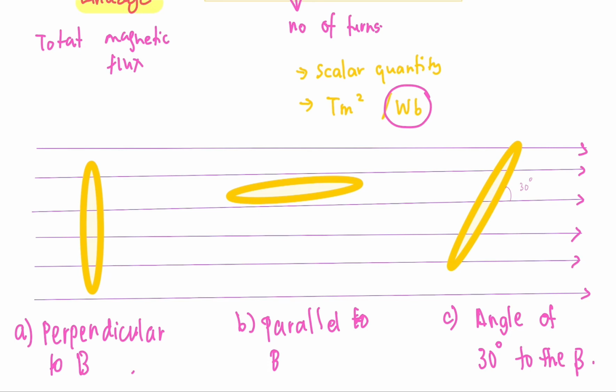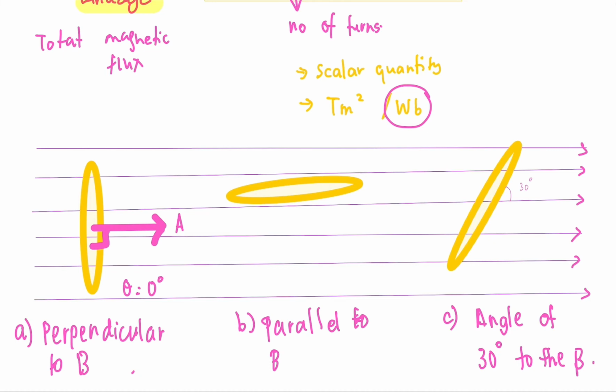When the coil is lying perpendicular to the field, theta is the angle between B and A. Your B will be to the right, and A will also be to the right, because A must be 90 degrees to the surface. So the angle theta here will be 0.